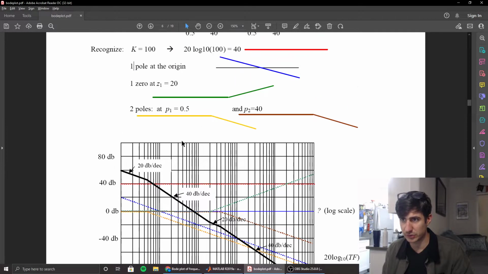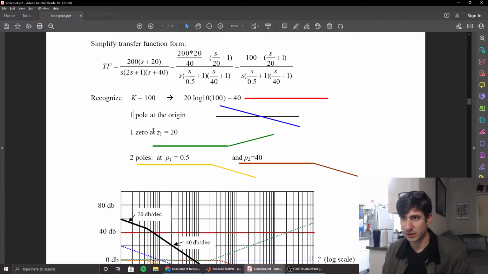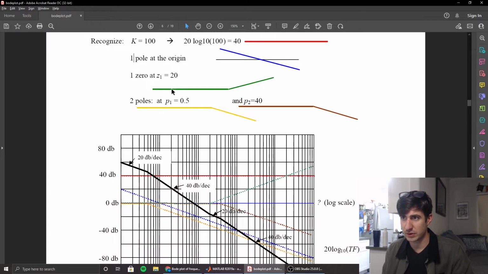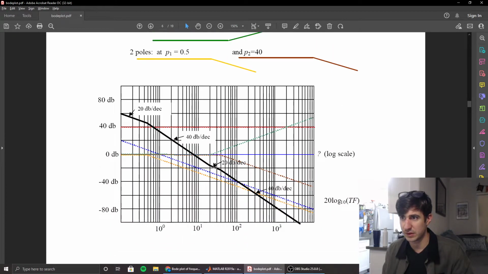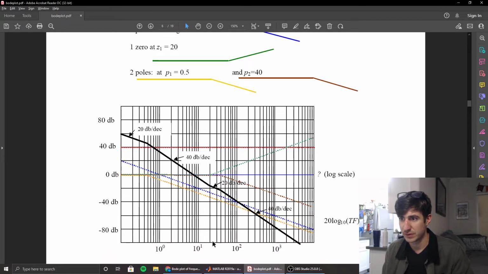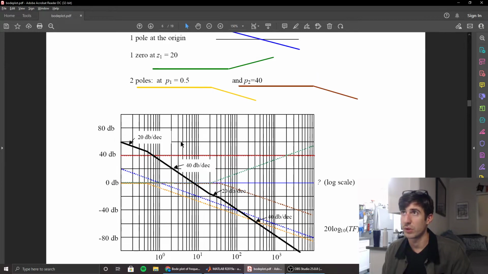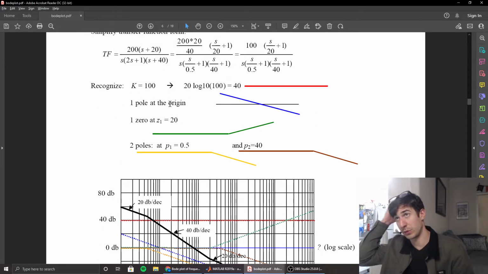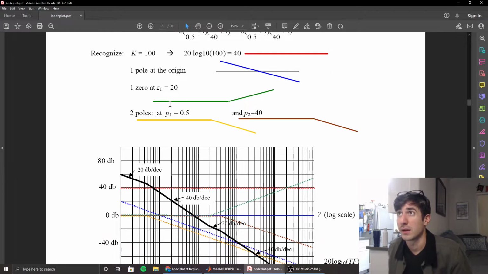Okay, so the one zero that we have here, the break frequency is at 20. We can see this. Remember, this is 10, 20, 30, 40, 50, 60, 70, 80, 90, 100. That's the way the log scale works. Get used to reading those because you'll see them a lot.